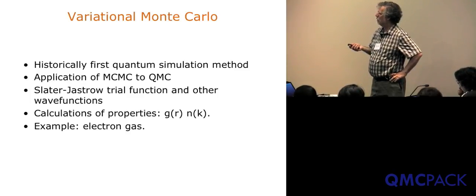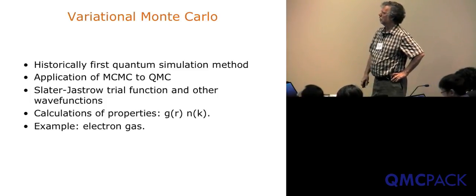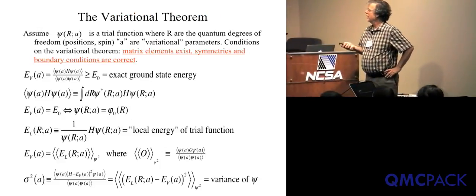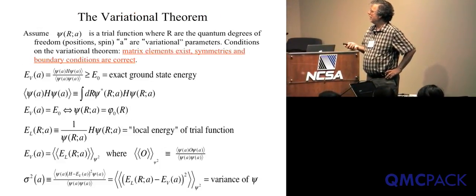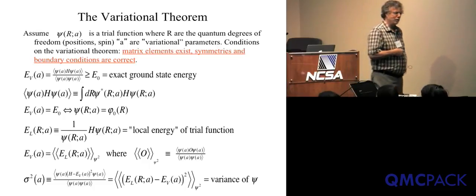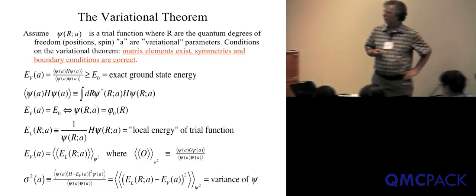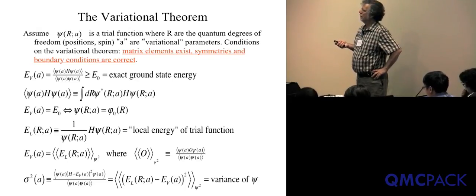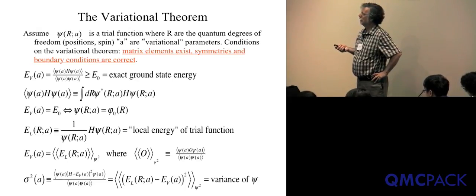And you have a trial wave function, and you compute properties of the trial wave function. And it's based on the variational theorem. That's why it's called Variational Monte Carlo. Basically, you assume that there's a trial wave function.